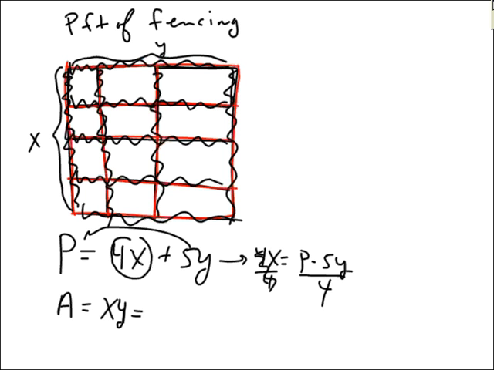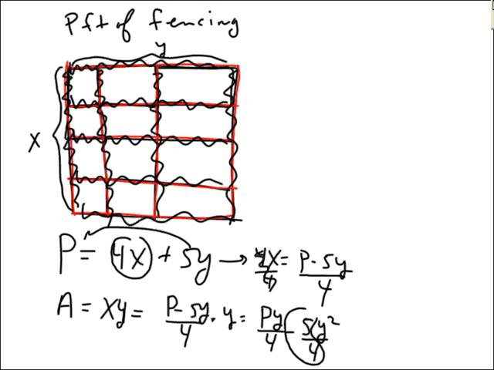So A equals x times y, which is py over 4 minus 5y squared over 4.